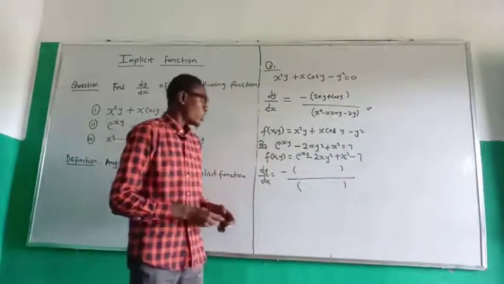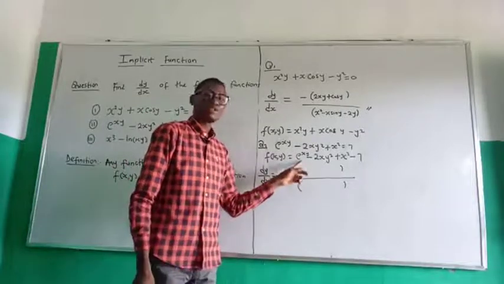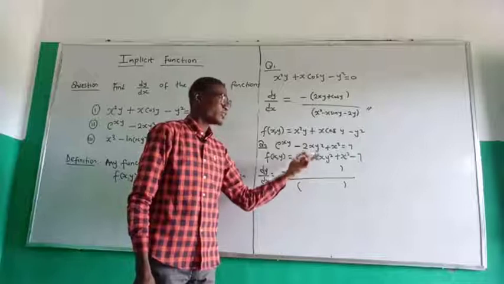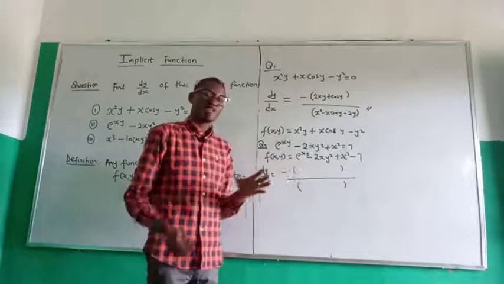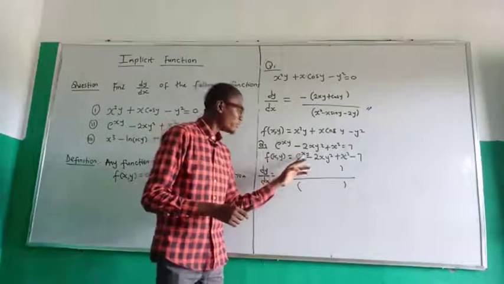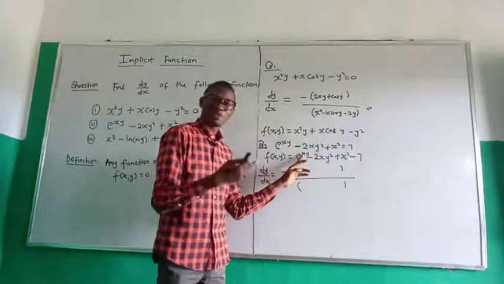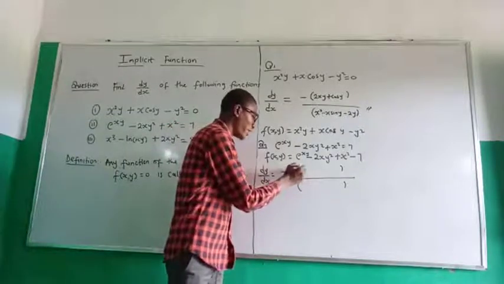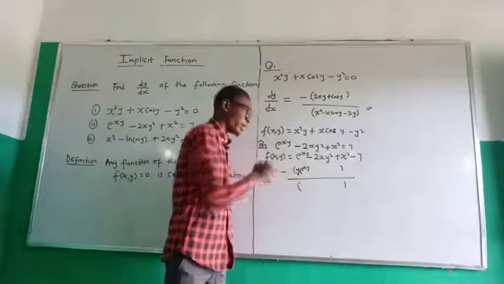So now you have to differentiate this function with respect to x to get the numerator. But don't forget, I told you earlier that when you are differentiating with respect to x, you'll be keeping y as constant. Now when you differentiate exponential xy with respect to x, you are going to have y exponential xy.